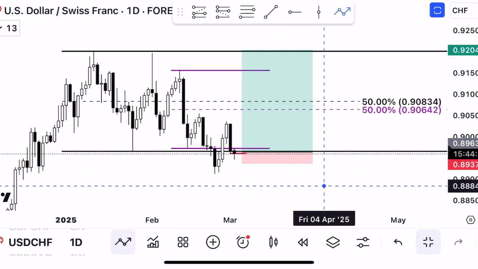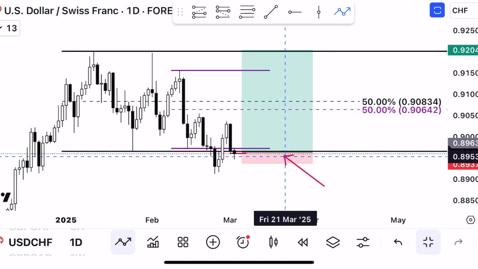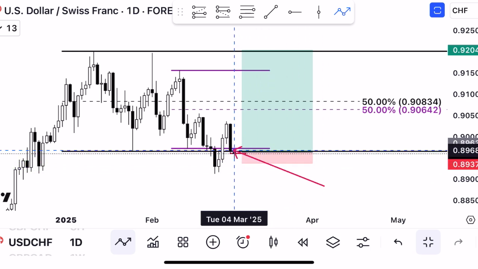I am trying to explain to you on the monthly, the weekly and the daily. So we have all three higher time frames in sync right now. So your probability of winning this kind of trade is higher than the probability of winning on low time frames like the 4 hours or less than that.